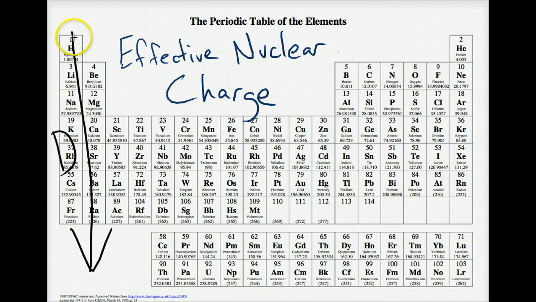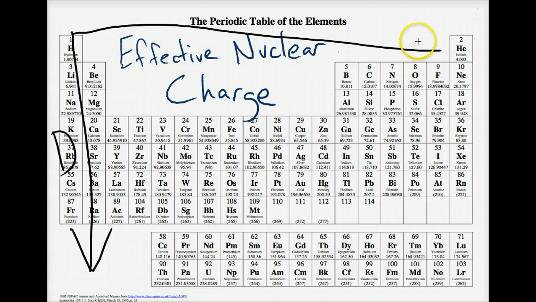Now, as we go across a period or a row, we have to talk about effective nuclear charge there. This is a different scenario entirely, because as we go across a row, we're not adding any energy levels or shells.